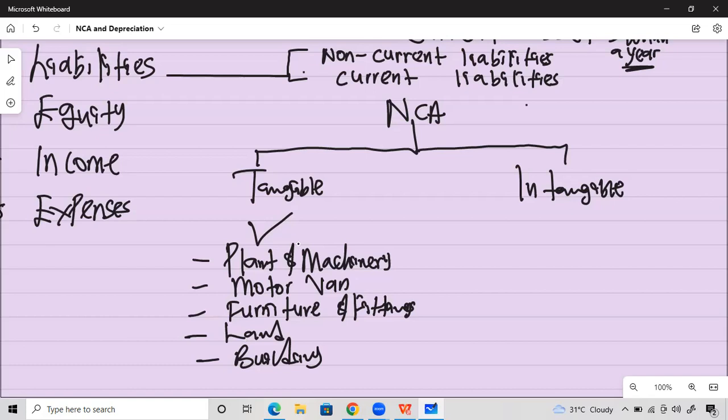But tangible ones have a physical substance. Examples of intangible assets are your goodwill, your brand, and any copyright you have.